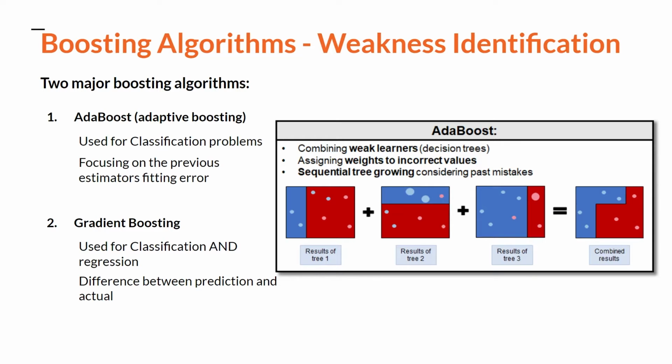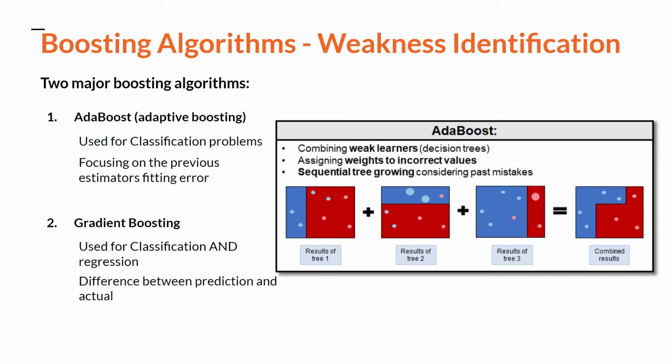So decision tree 3 draws a vertical line on the red side, and it has now correctly classified those red dots. So it combines all 3 of these outputs and comes up with the combined results, the final one on the right, which draws the correct decision boundary between the blue dots and the red dots.